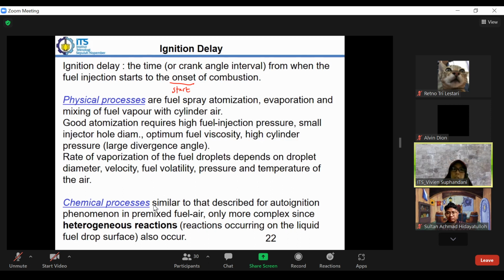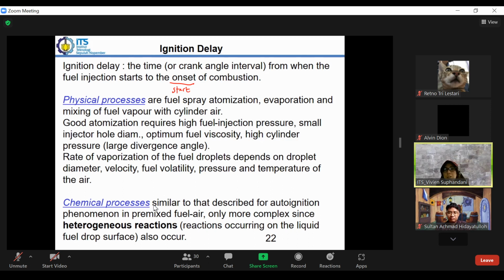And aside from the physical processes, this depends also on the chemical processes. This is very similar to the auto-ignition phenomenon in premixed fuel-air, only more complex since this is non-homogeneous, or we can say a heterogeneous reaction.